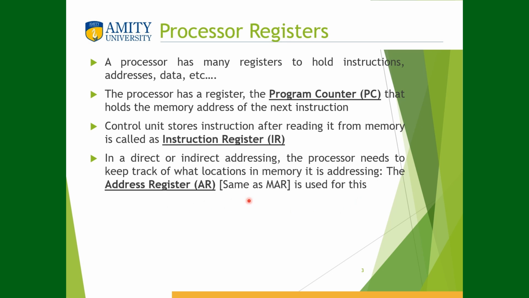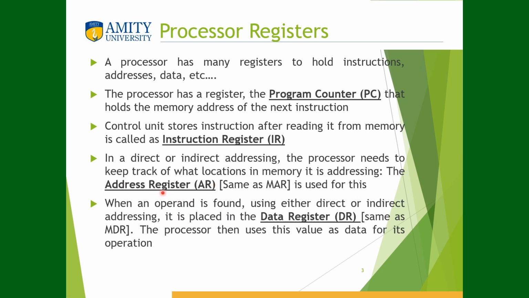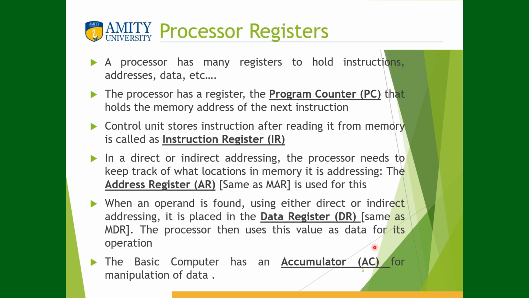When an operand is found using either direct or indirect addressing, the operand that is to be used for performing the operation will be stored in the data register. So the fourth register is the data register, which stores the operand, and the operation will be performed on the operand, because the processor then uses this value as data for its operation.